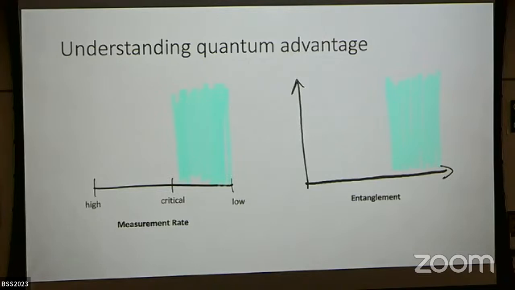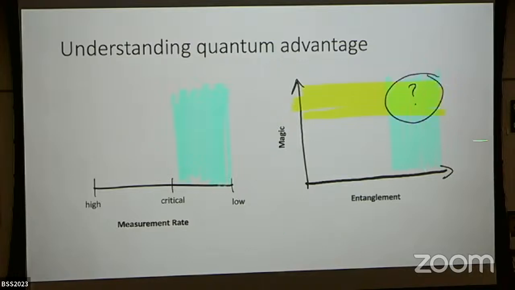Okay, so then I'm gonna go ahead and put another axis on this. So now I'm plotting entanglement growing larger, and we have this region that's volume law entanglement, and say that this other axis should be maybe magic. Maybe there's some transition that happens that we can study, where we have a magical phase and a non-magical phase.